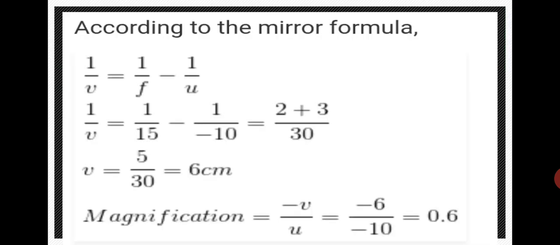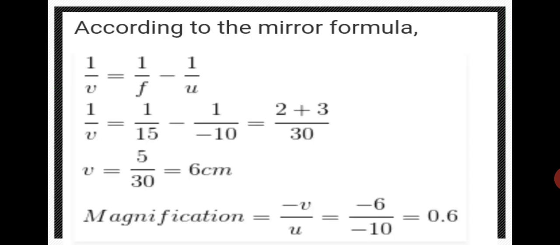Using the mirror formula, we know that 1 by f is equal to 1 by v plus 1 by u. Here 1 by v is equal to 1 by f minus 1 by u. Again substitute the given values in the formula and do a simple mathematical calculation, and so we obtain v is equal to 6 centimeter.